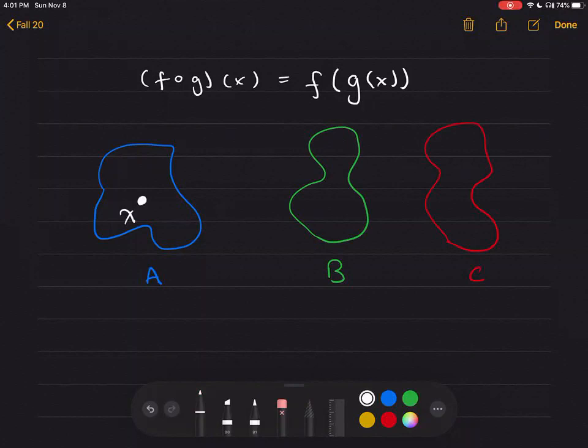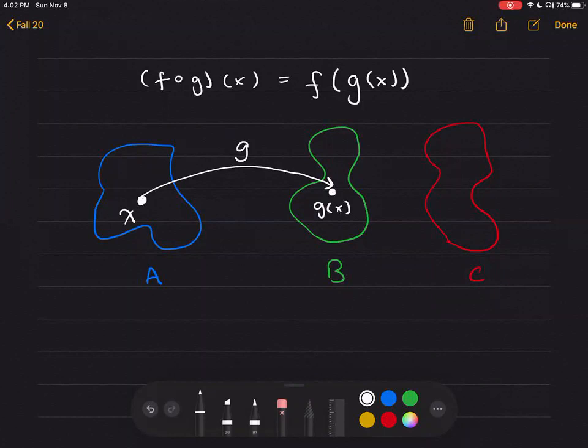And so when we look at this function composition, we take x and we do g to it. So we're going to do g and we're going to send it to B. So g is going to hit x and this is going to be g of x. And then what this is saying up here is that once you've done g to x, then you can do f.